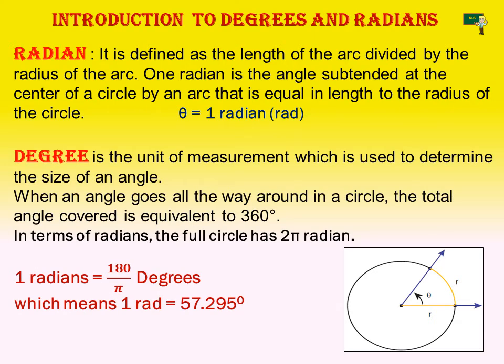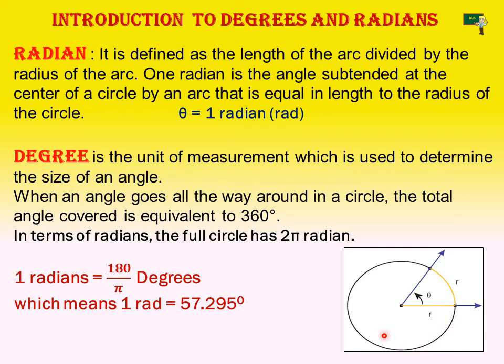And what do we mean by degree? Degree is the unit of measurement which is used to determine the size of the angle. When an angle goes all the way around the circle, the total angle covered is equivalent to 360 degree.